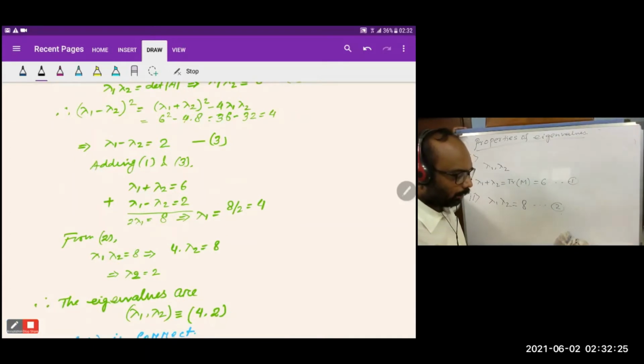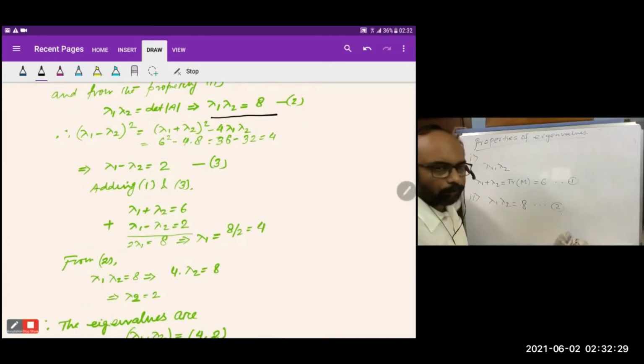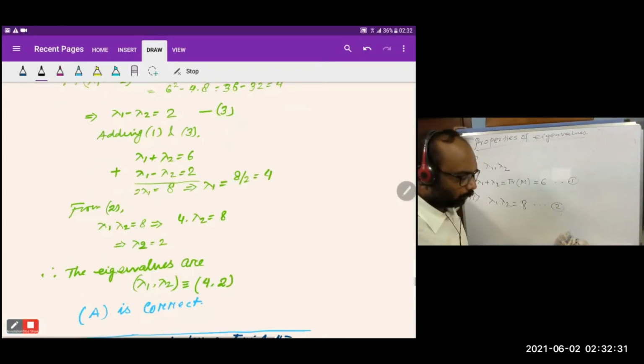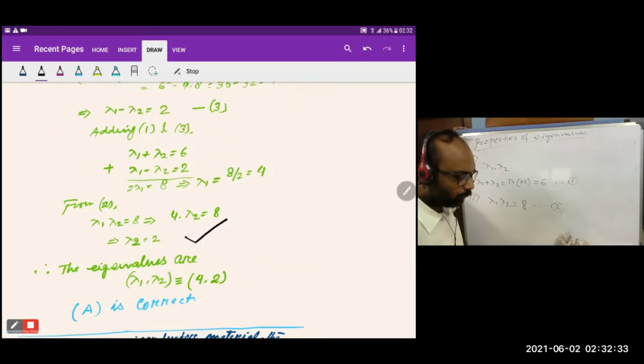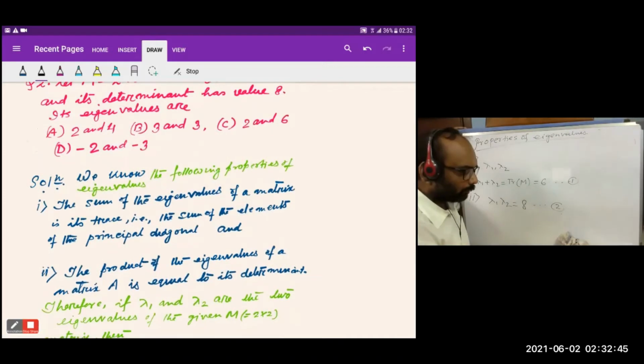And then from equation 2, lambda 1 lambda 2 is equal to 8, we get lambda 2 is equal to 2. So lambda 1 and lambda 2 are 4 and 2 respectively. So answer option A is correct.